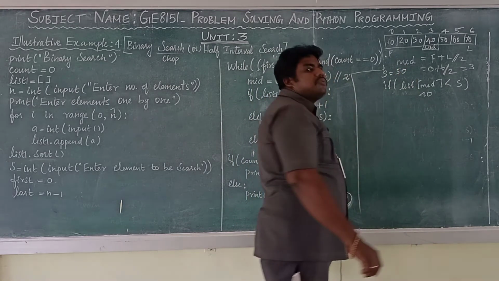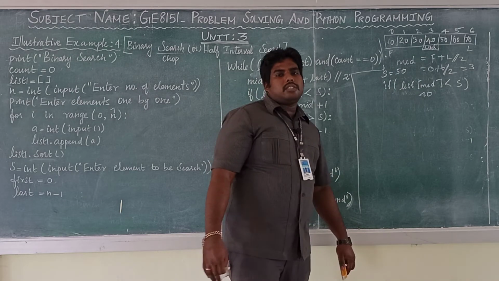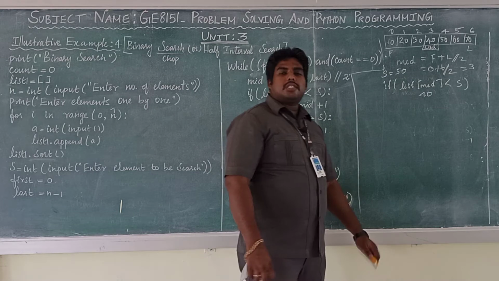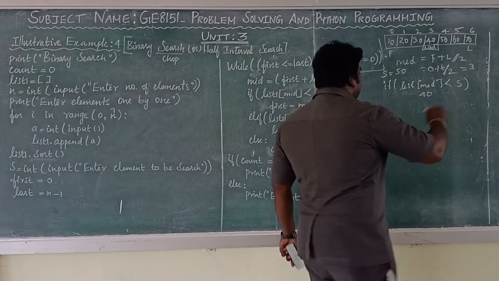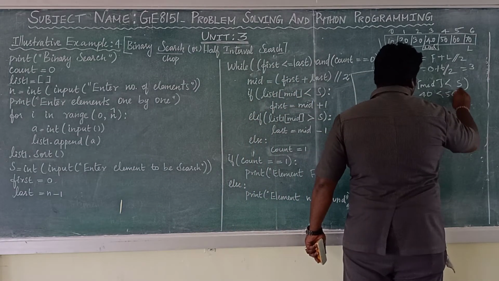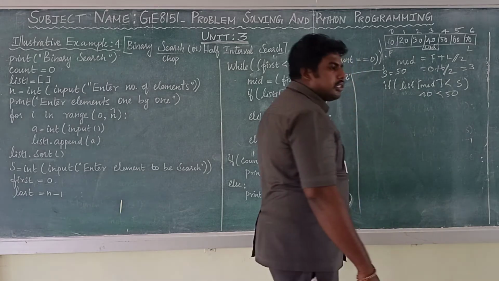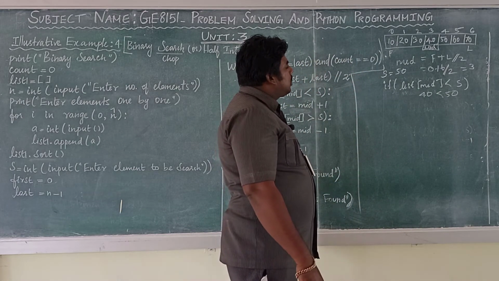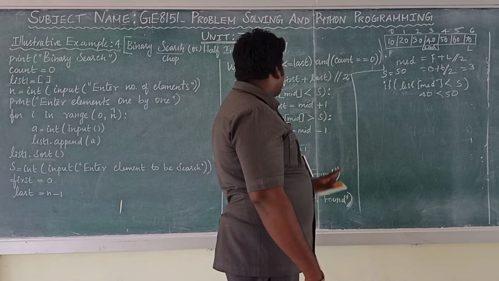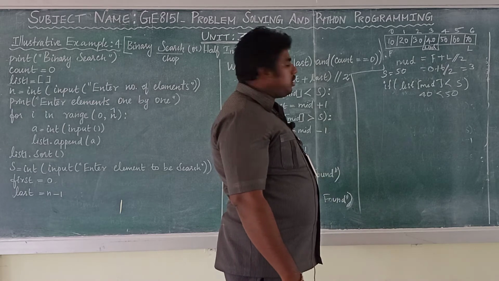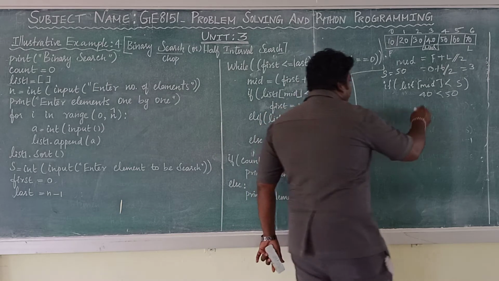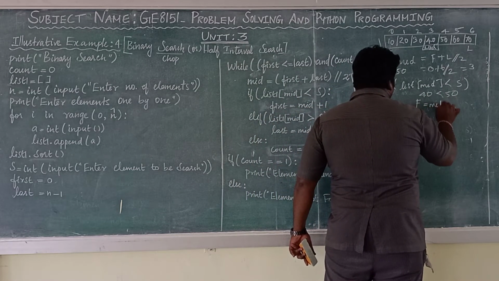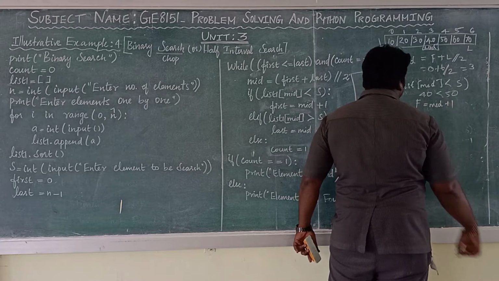My search element is 50, since I want to search for one element. So list of mid less than 50: condition true or false? 40 is less than 50, the condition is true. If this condition is true, what do we have to do? First equals mid plus 1.